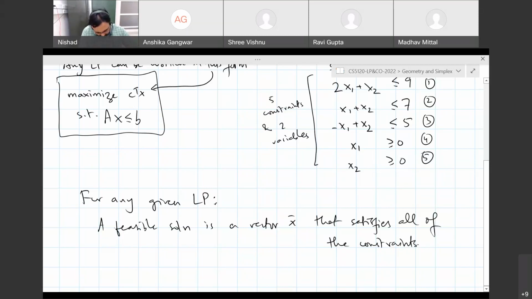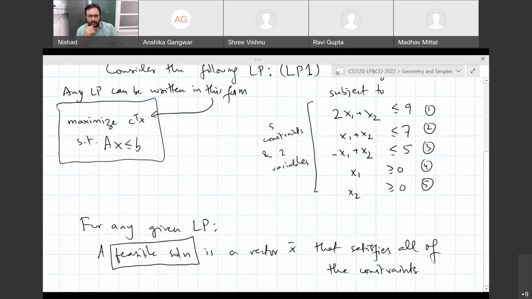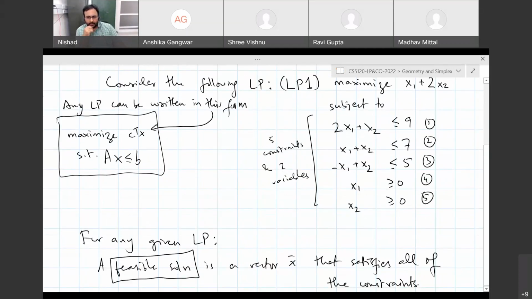Can someone give me a feasible solution to this system simply by inspection? 1, 1. Great. 0, 0 also works. For example, 0, 0 and 1, 1. I think 1, 2 and 2, 1 are also feasible solutions in this case. And there are many other feasible solutions.